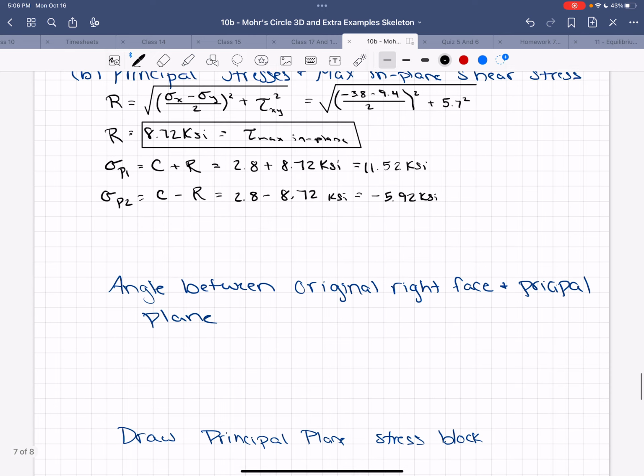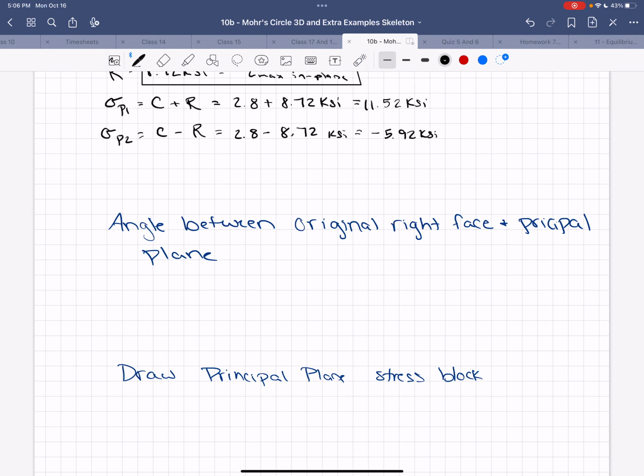Back down here, going back and forth to your Mohr circle gets annoying, but that's the way it goes. So we have the sine of 2 theta equals opposite, 5.7, over the radius, or the hypotenuse, 8.72. So that means that 2 theta equals 40.82 degrees. That's on Mohr's circle.